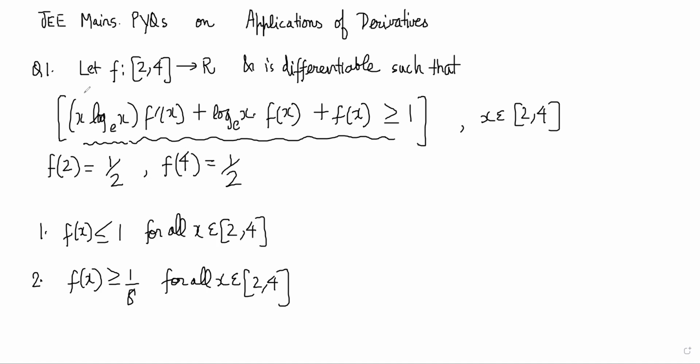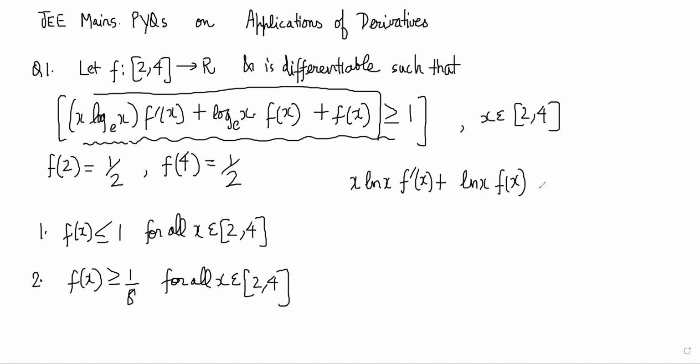No, you can just think of the left hand side only, and think of what that is. It is x ln x f'(x) plus ln x f(x) plus f(x). Like, it is the derivative of something.